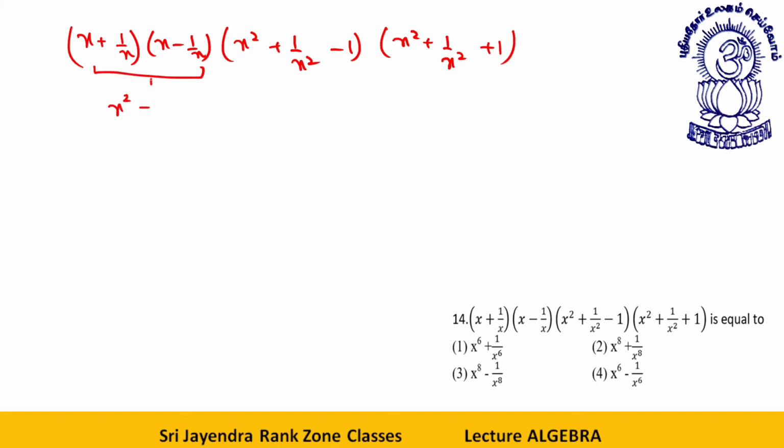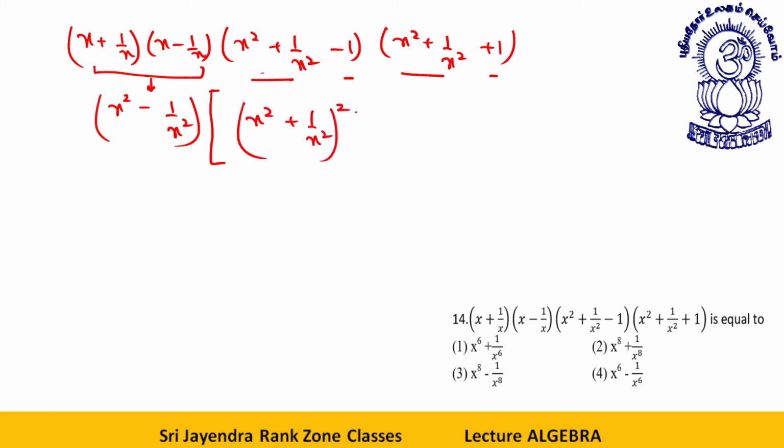This portion, if I solve, becomes x² − 1/x². Then what do I have is, this is a minus b, this is a plus b, so it becomes a² − b². Now it is (x² − 1/x²) into, this is something (a + b)².